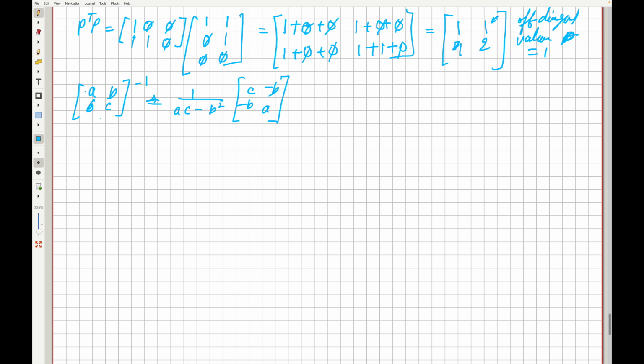And so in this case, when we try and calculate the P transpose P inverse, what we would get is the following.